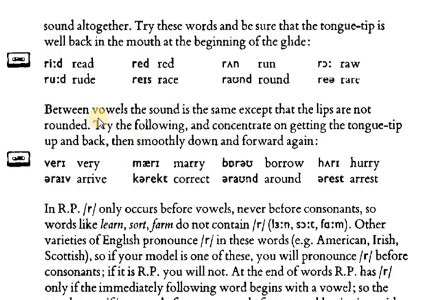Now between vowels the sound is the same except that the lips are not rounded. بين الأصوات العلة راح نلفظها بنفس الطريقة لكن ما راح تكون الشفاه مدورة.